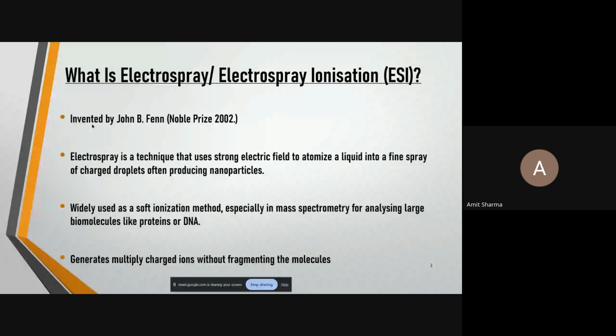For samples like proteins and DNA, which are very fragile, we use this type of ionization method to make sure that the sample does not undergo fragmentation. It generates multiply charged ions without fragmenting the molecules.